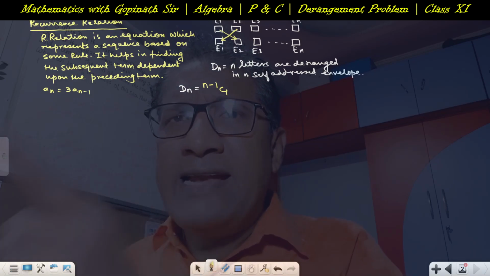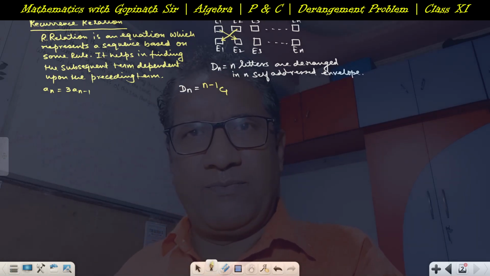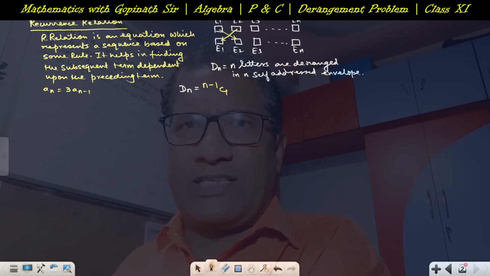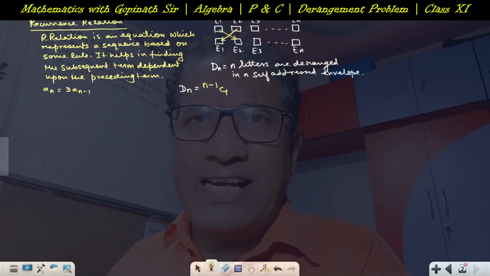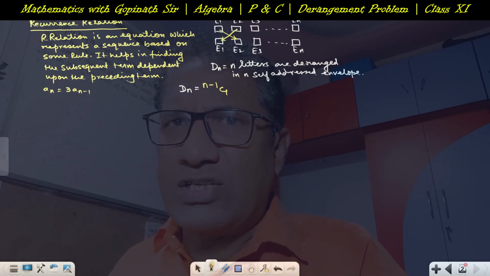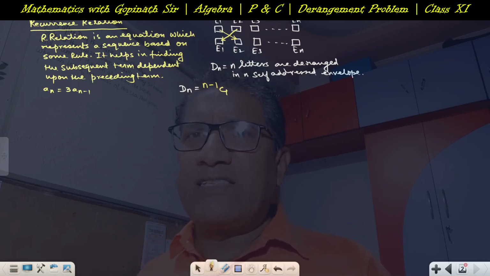Already L1 and L2 are deranged. Now the n minus 2 letters and n minus 2 envelopes can be deranged in how many different ways?